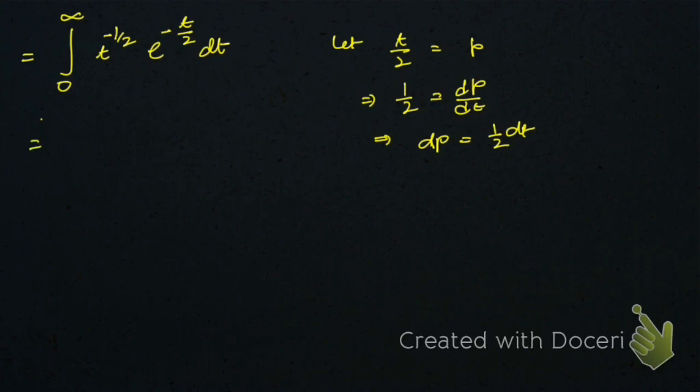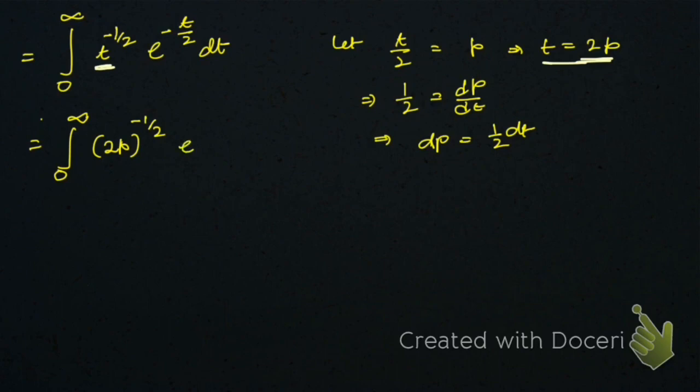So now from this expression 0 to infinity, if t by 2 is equal to p, then t definitely will be equal to 2p, so t will be replaced by 2p whole to the power minus half. Then e to the power minus t by 2 is nothing but minus p, since we have considered t by 2 as p.